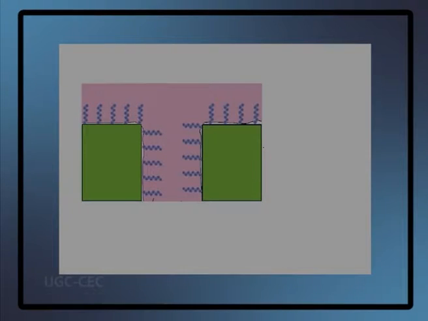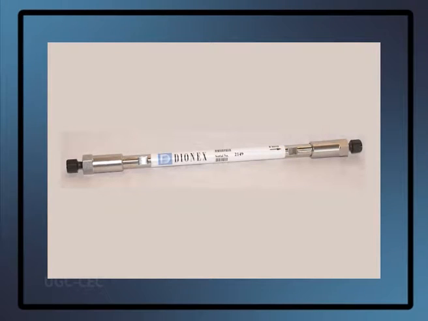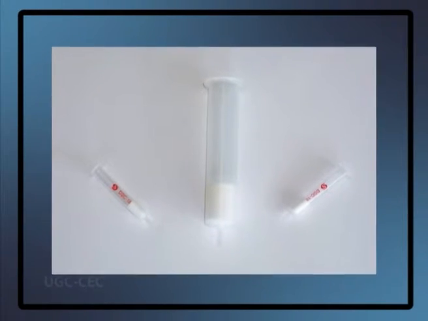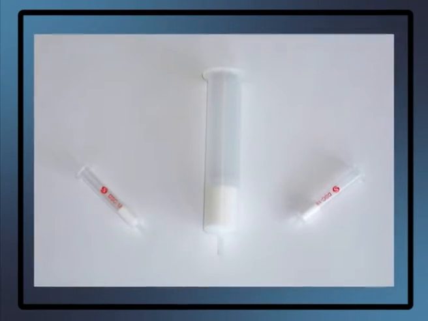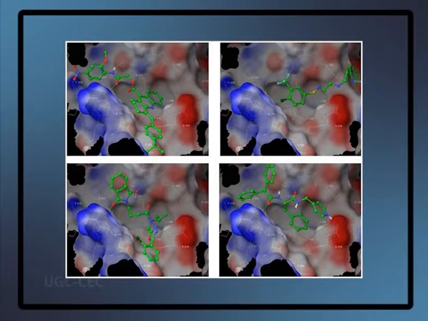The components in the sample distribute themselves between the mobile phase and the sorbent and interact with the stationary phase. If the analytes present in the sample have high affinity for the sorbent, their movement will be retarded through the chromatographic system. Molecules that show weak affinity for the sorbent are easily removed, or eluted, from the system.